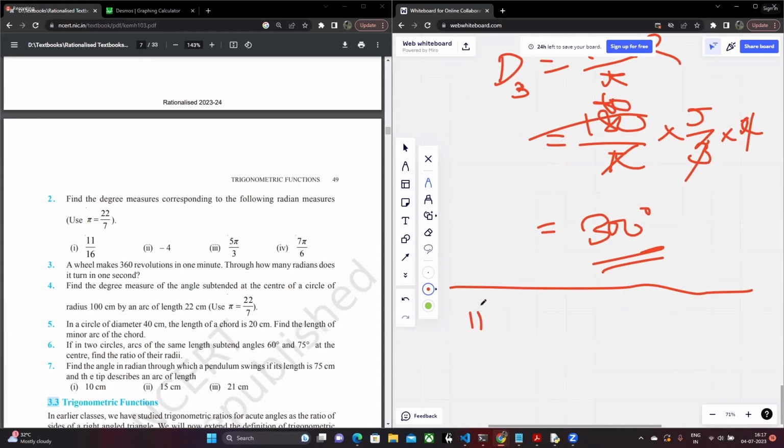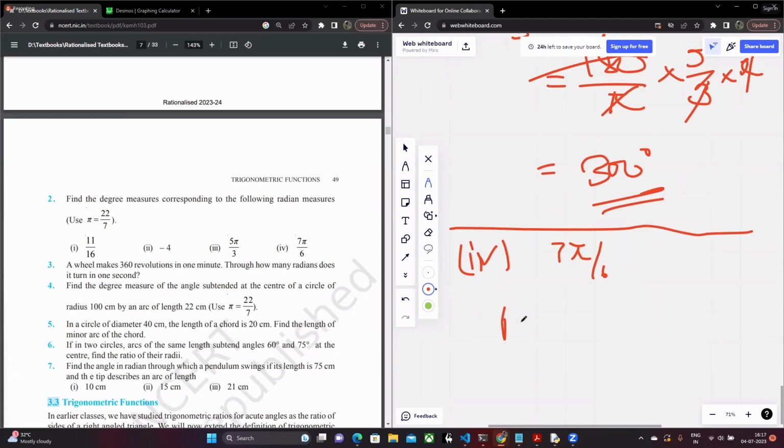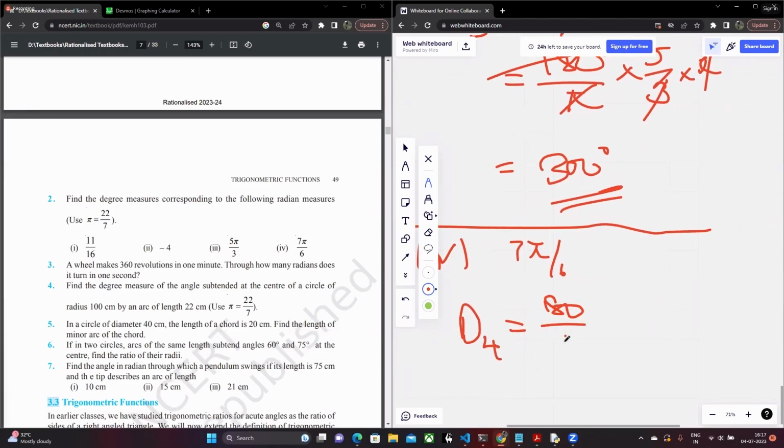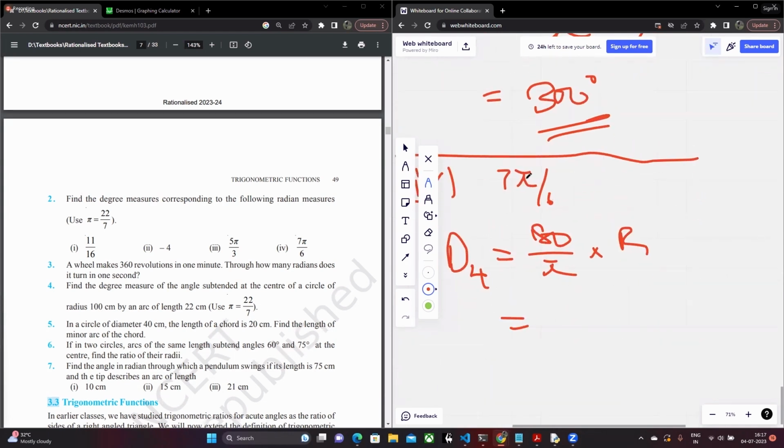Right? Similarly for the fourth, you have 7 pi by 6. So your D4 is going to be 180 divided by pi into R. Right? Again, since you have a pi over here, I'm keeping this in the 180 by pi format. If there wasn't this pi, then I would have gone with 630 by 11. That is basically 180 by pi, where pi is substituted to 22 by 7.